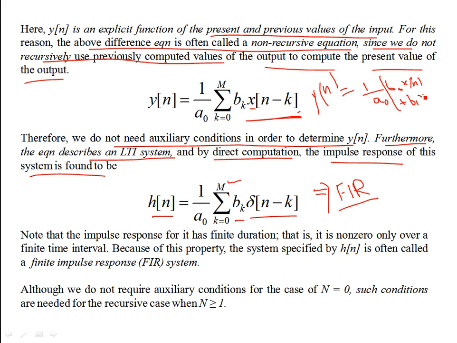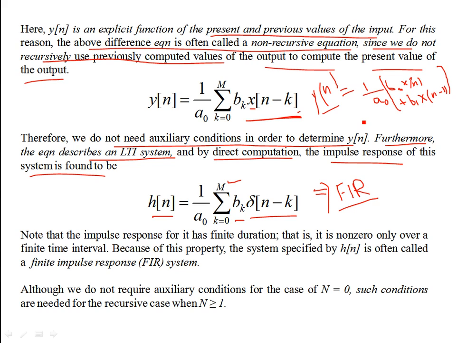That means there is no previous output required to compute the present output. There's no y of n over here, so this is non-recursive. But FIR systems, having finite length impulse sequences, can also be computed recursively.